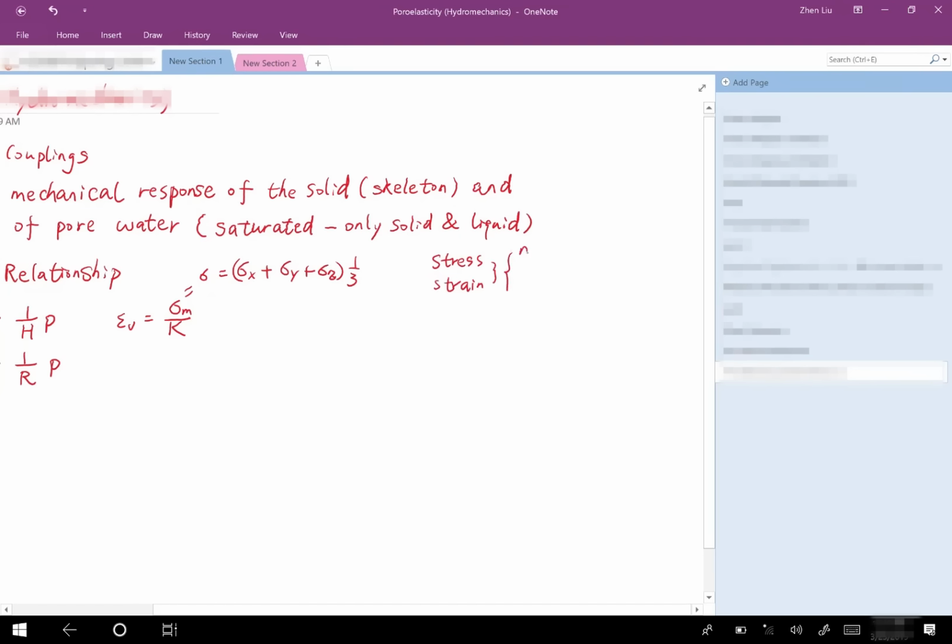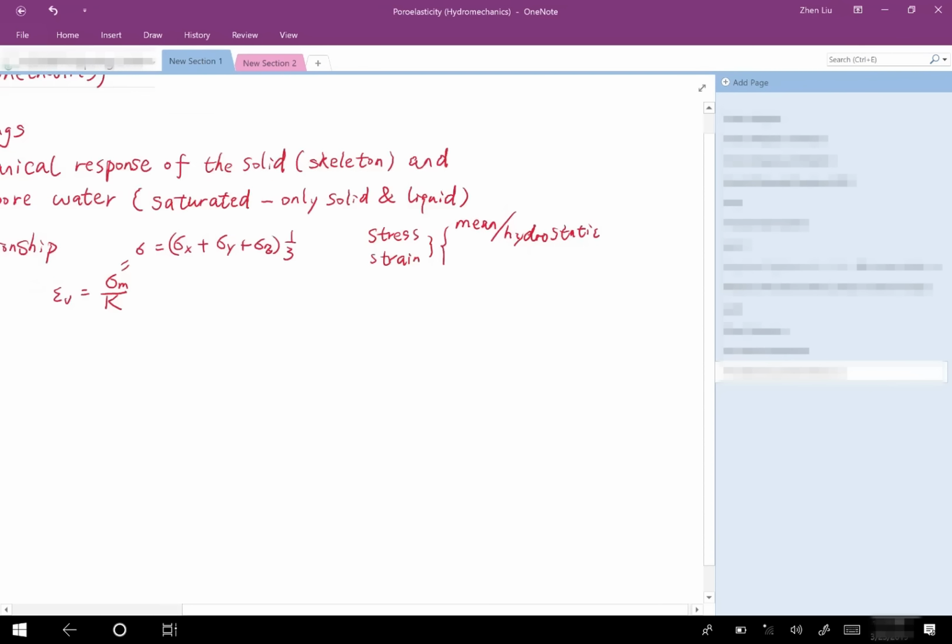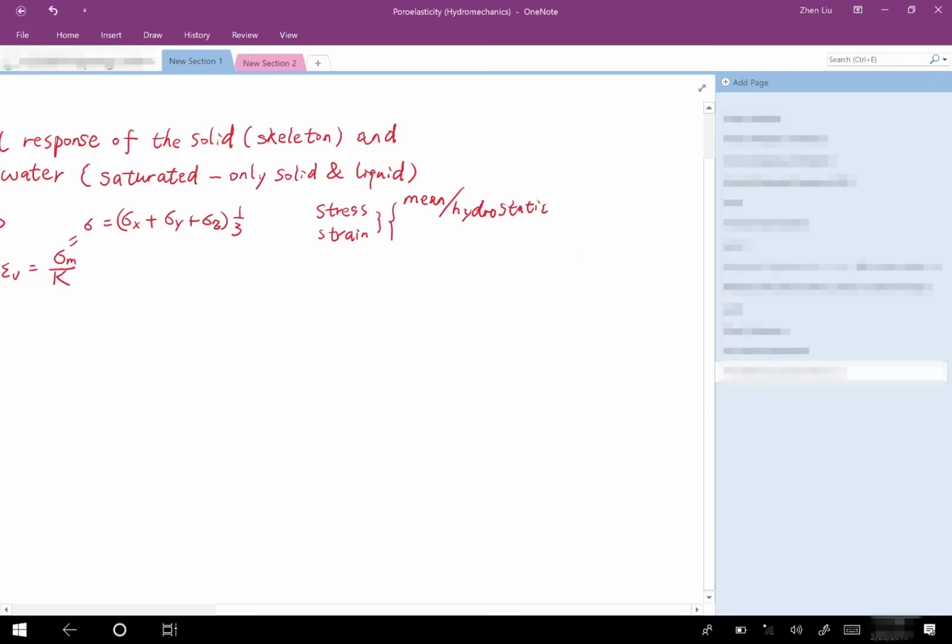One is the mean one, or hydrostatic, and the other term is called deviatoric, or shear.